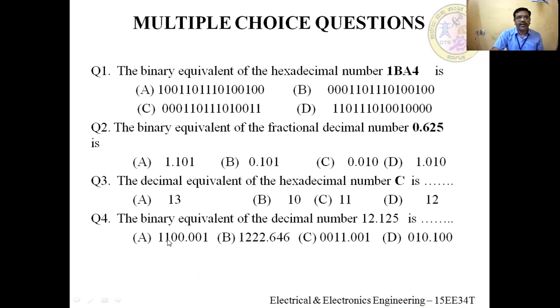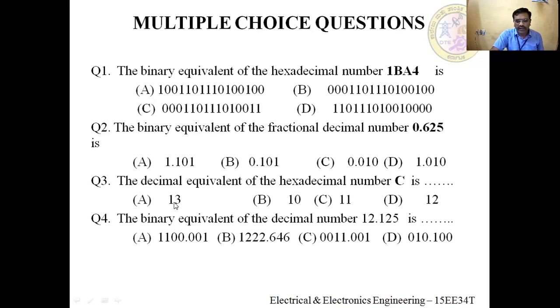Here in this slide I have given 4 MCQs. Okay, so let us discuss one MCQ. The decimal equivalent of the hexadecimal number C. C is the hexadecimal number. So A is 10, B is 11, C is 12. So what is the answer?